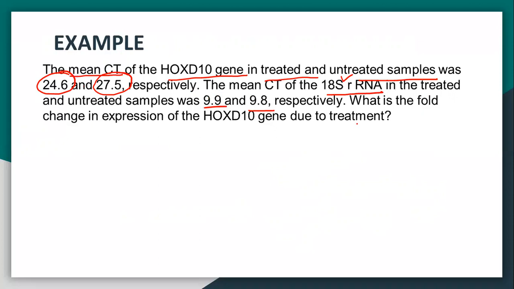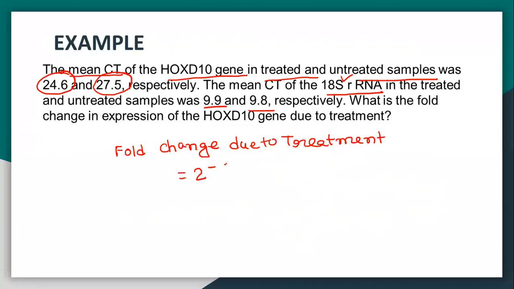What is the fold change in the expression of the Hoxd gene due to treatment? Fold change due to treatment equals 2 to the power minus delta delta CT, right?